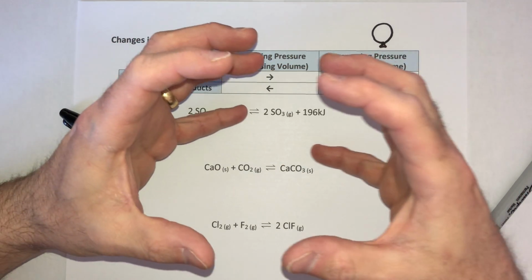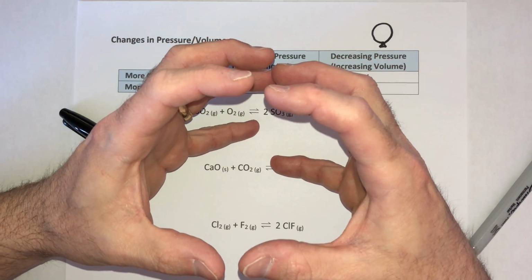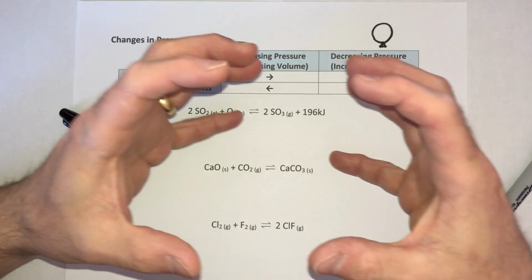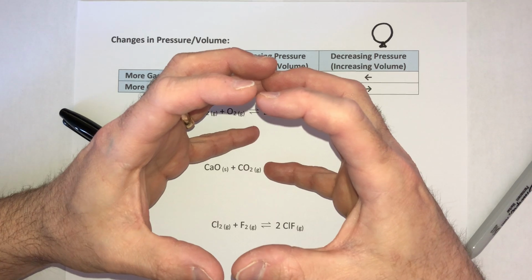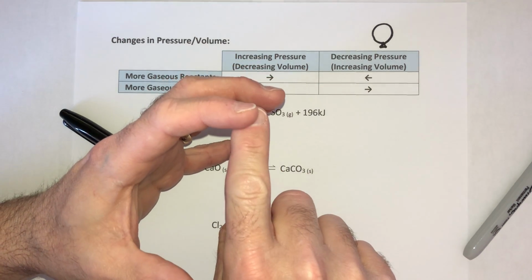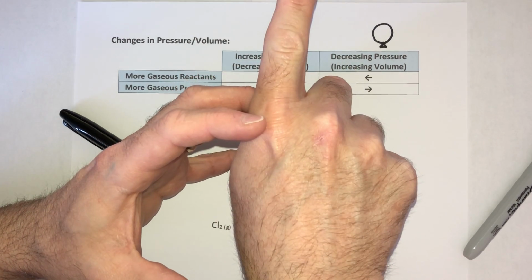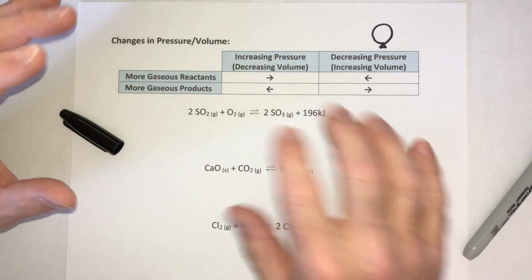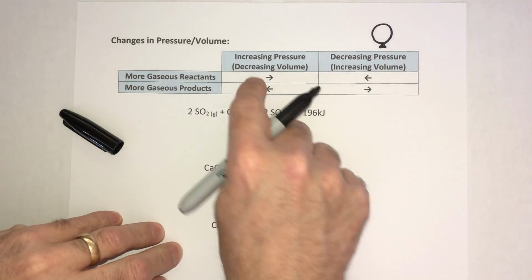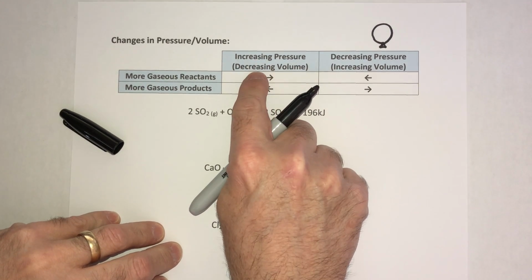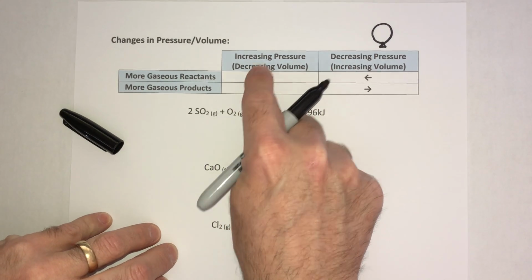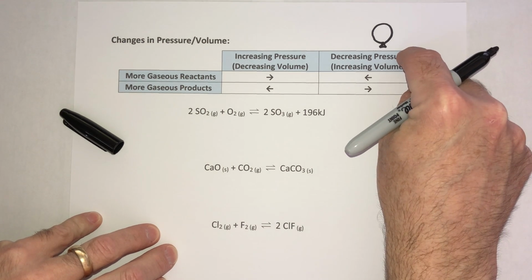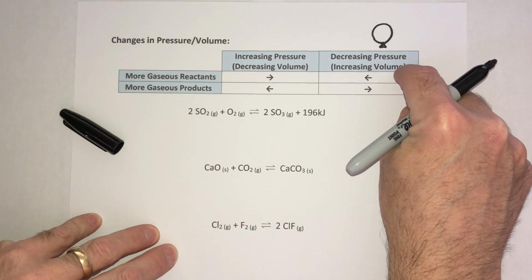You're trying to compress all of this air into a much smaller space, and it's fighting back. So as you squeeze it smaller, the pressure gets higher until eventually the balloon can't hold it and the air pops out. So for this problem here, increasing the pressure is exactly the same as decreasing the volume. They are identical. If you are decreasing the pressure, that's the same as increasing the volume.